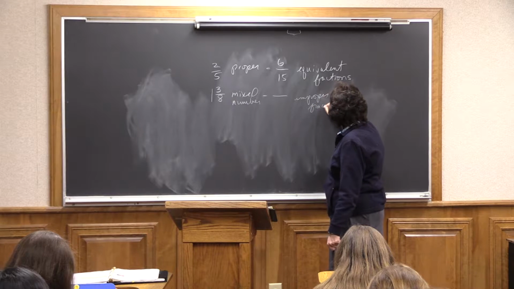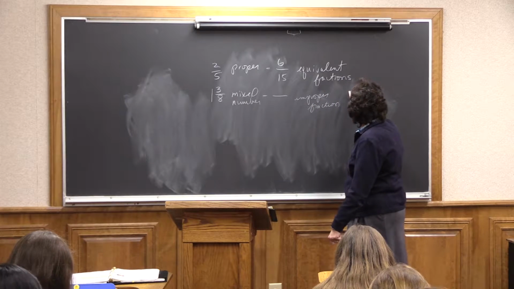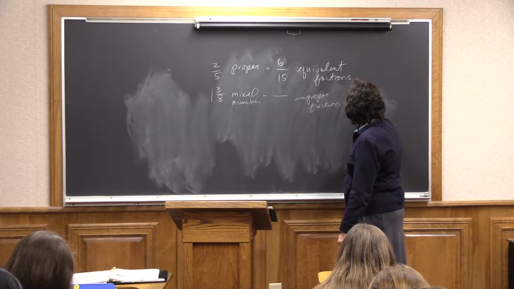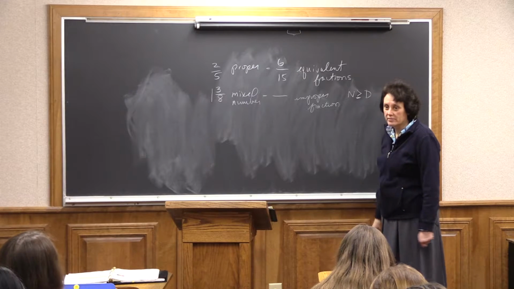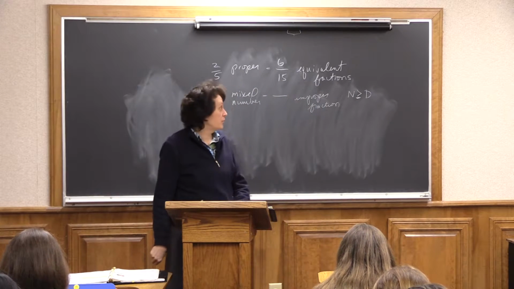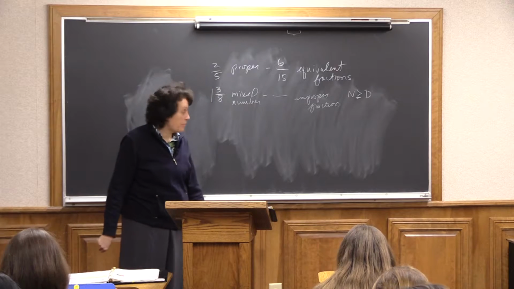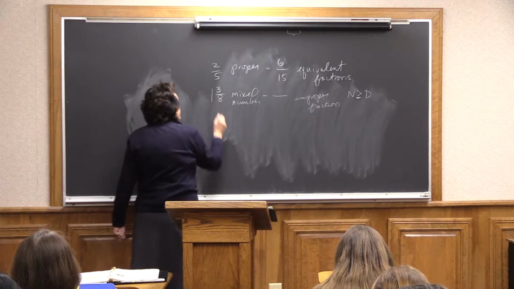An improper fraction can be any fraction where the numerator is greater than or even equal to the denominator. If the numerator is greater than or even if it's equal to the denominator, it is improper. And so I have to remember how to do this.